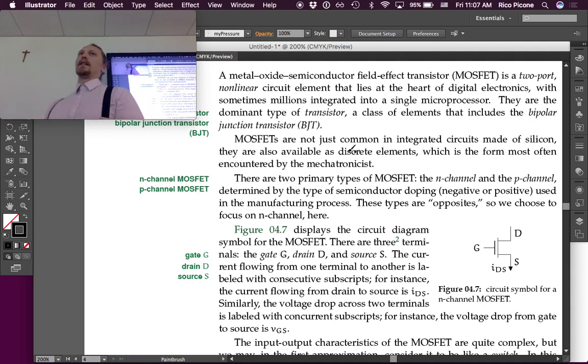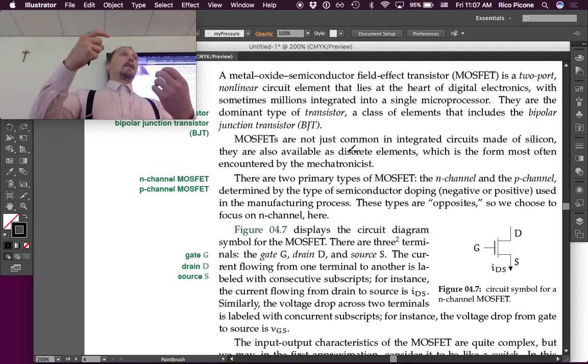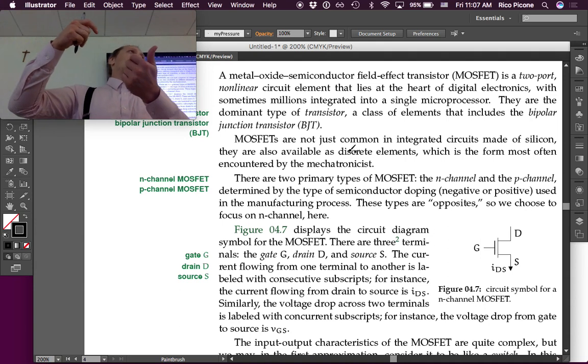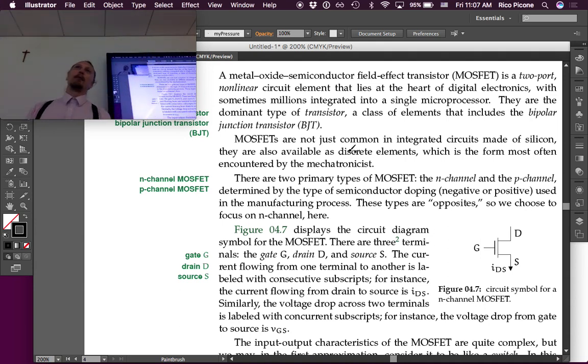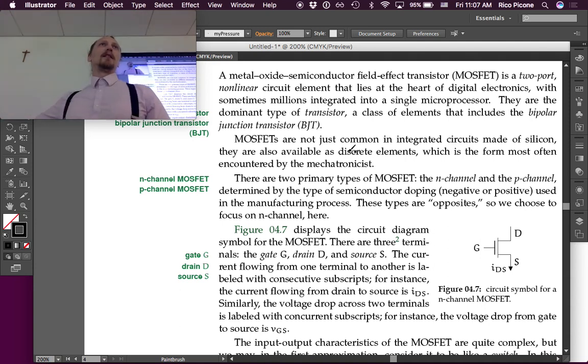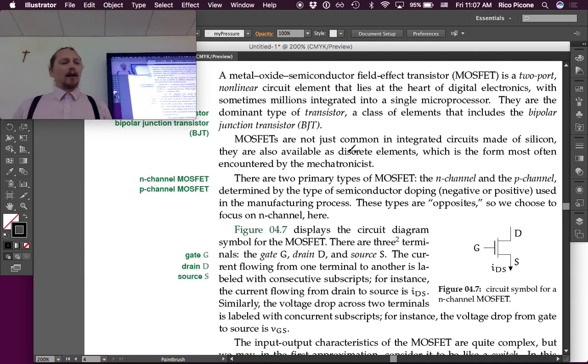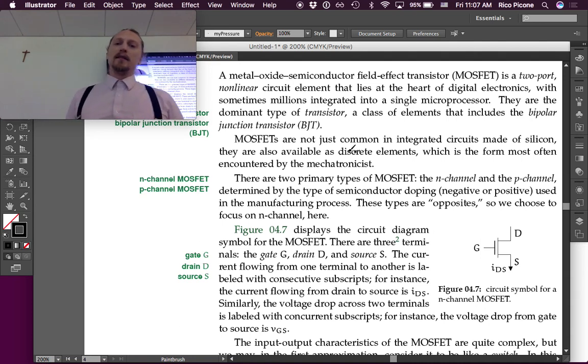If you dope it such that the holes where there are no electrons, which are positively charged, are the charge carrier, then they're P-type. So we're going to consider the N-type here, the ones that are made from N-type or negative doping of the semiconductor.